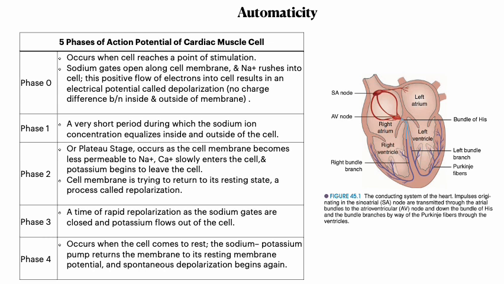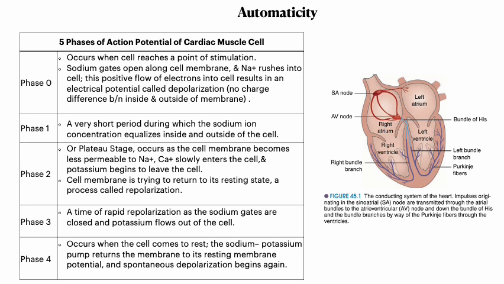The action potential of the cardiac cells consists of 5 phases. So we have phase 0 that occurs when the cell reaches a point of stimulation. Sodium gates open along the cell membrane and sodium rushes into the cell. This positive flow of electrons into the cell results in an electrical potential called depolarization. So there is no charge difference between inside and outside of the membrane at this phase.